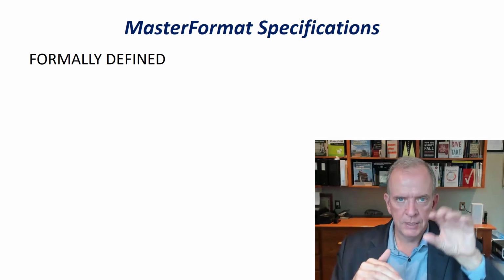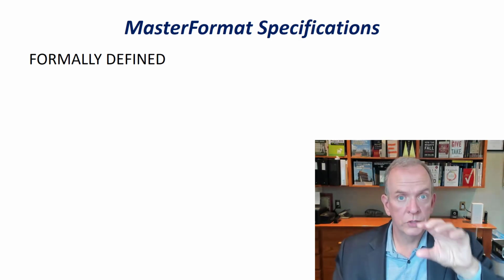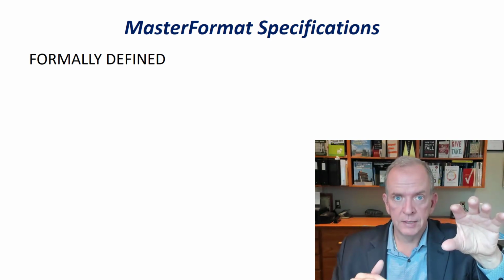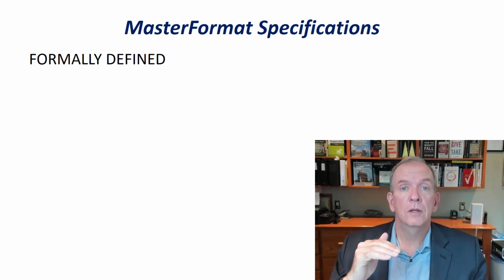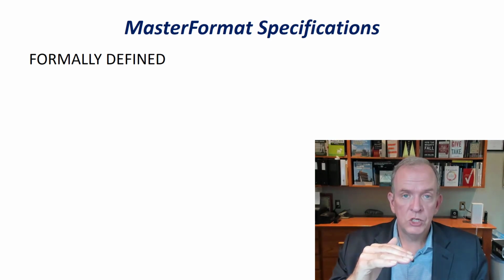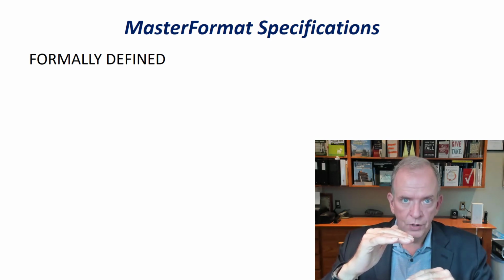So if there's a dispute, something that's in the supplementary conditions or something that's in the contract will take precedence over something that's in the specifications. And, which surprises a lot of people, something in the specifications that is different than what's in the drawings would supersede what's in the drawings.